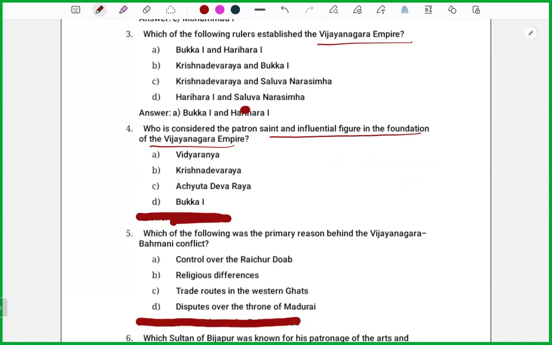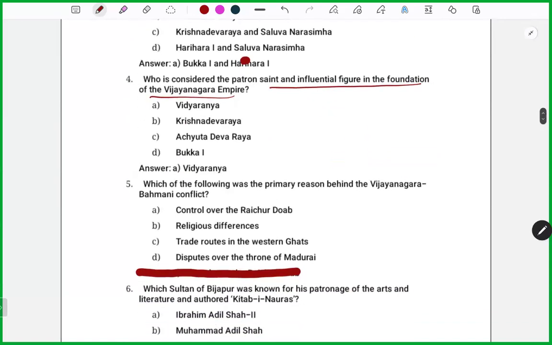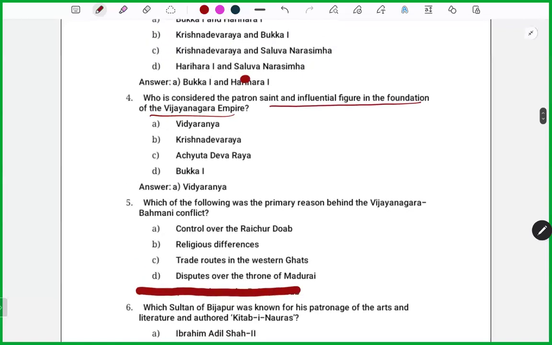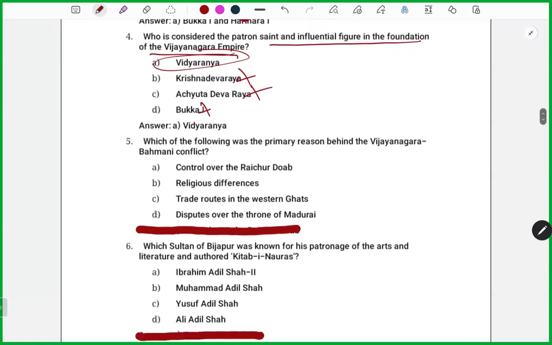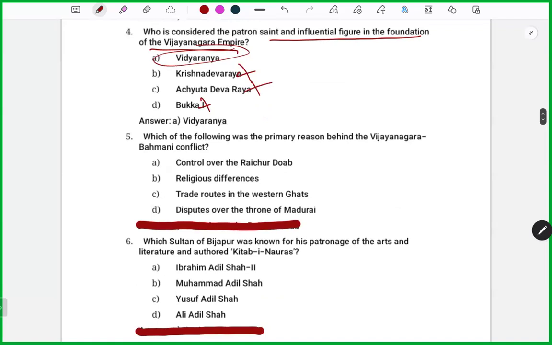It's A. Very good. Krishnadevaraya is a king, Devaraya, all of them are kings except this one. He is the patron saint and influential figure. So by the art of elimination, it will be allowed. So this is also one option if you do not know the answer.